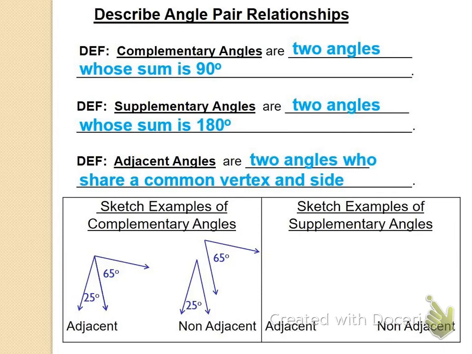Non-adjacent would just be not sharing a vertex and a side. So these two guys right here, which are interesting enough that they're going to add to 90 degrees, but since they're not adjacent, they don't give us any additional information. The adjacent angles are a bit more interesting because they do give us some additional information, right?